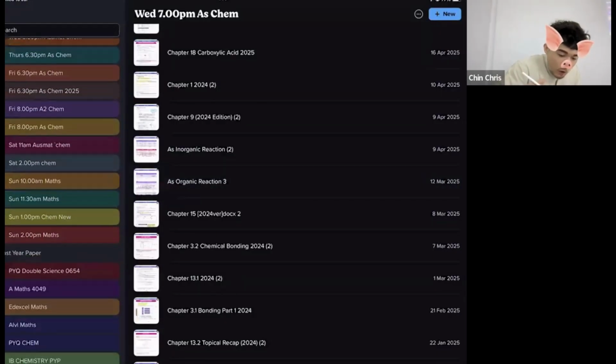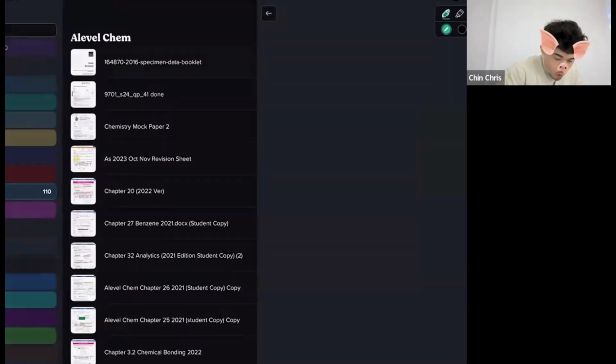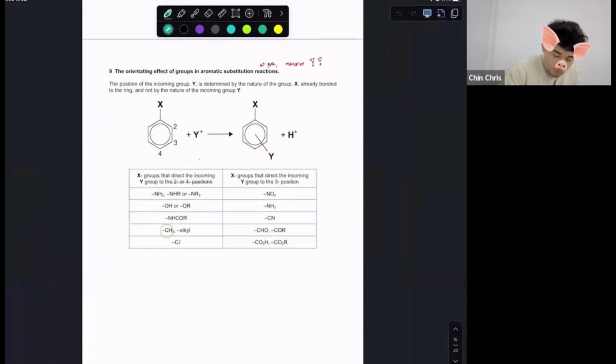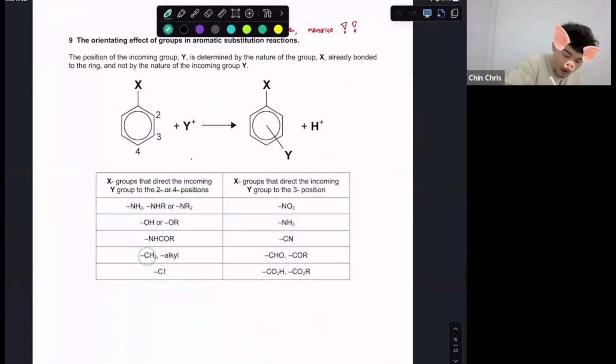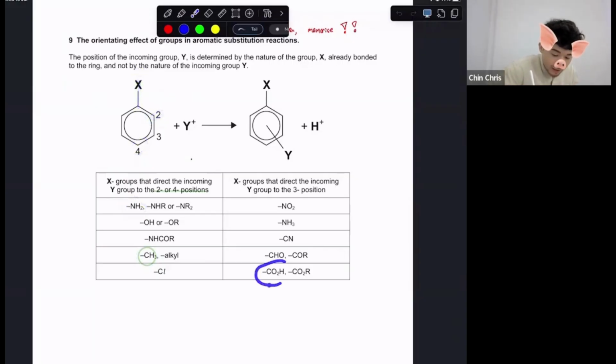If you're confused about which position an electron donating group directs to, remember, any electron donating group is always 2,4 position. If it's a CH3, any incoming group will always go into 2,4. NH2 is also the same. But electron withdrawing groups such as COOH are 3,5 directing.